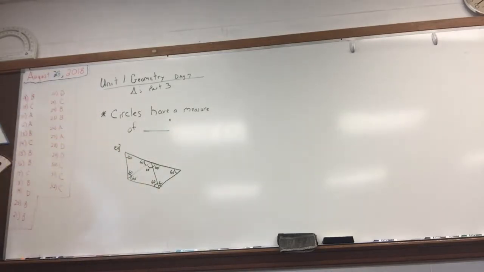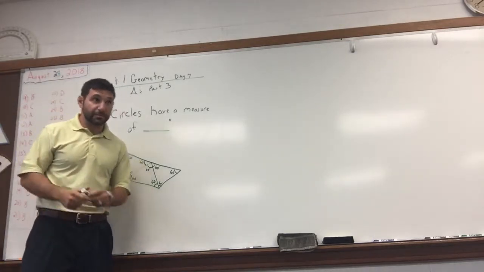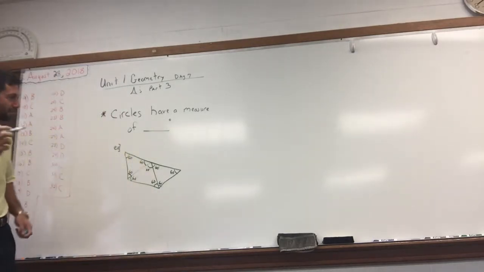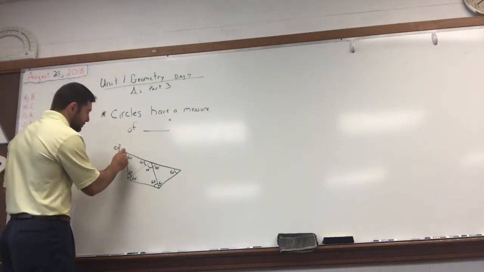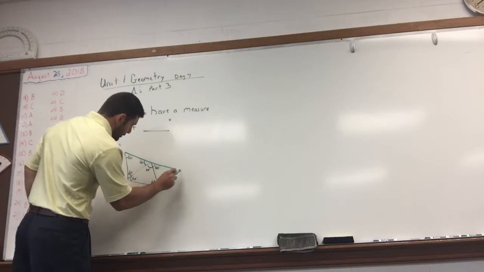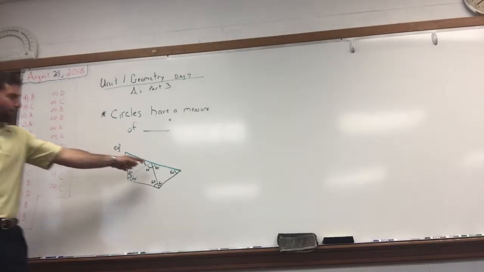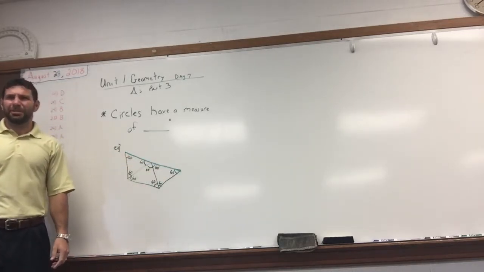Everybody still with me? Okay, kiddos and kidettes, pay attention here. This is where it gets fun. Notice how 3 equiangular triangles, when we put them together, form this straight line. Does everybody agree with that?